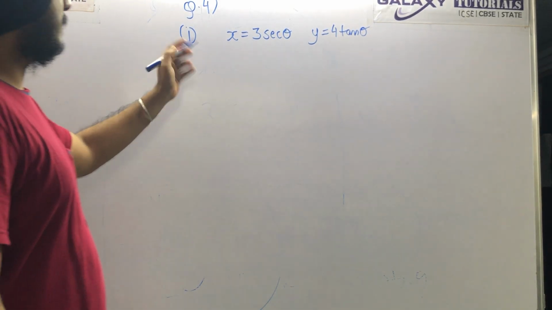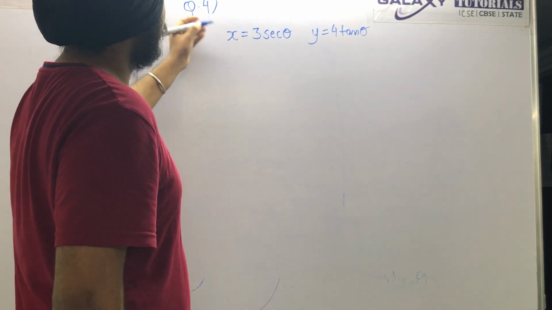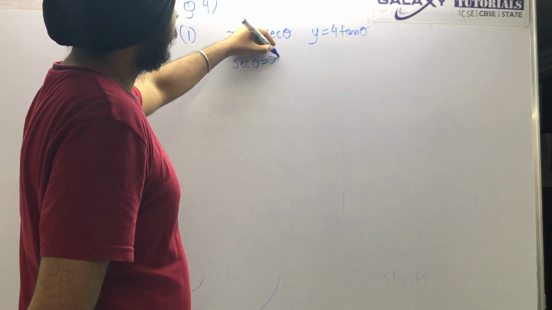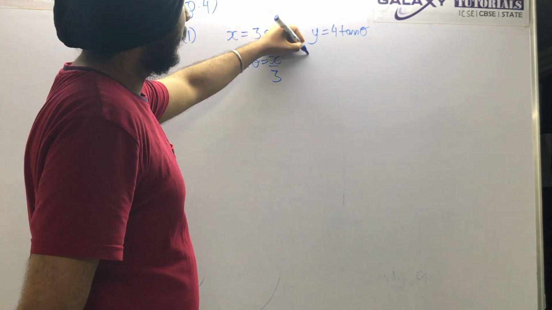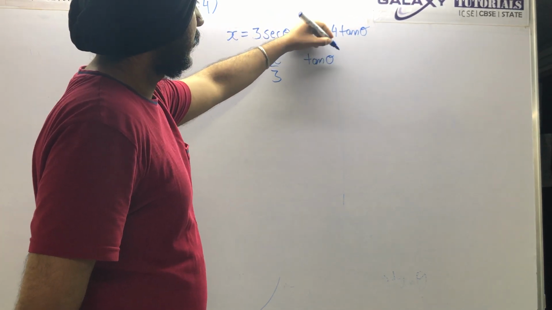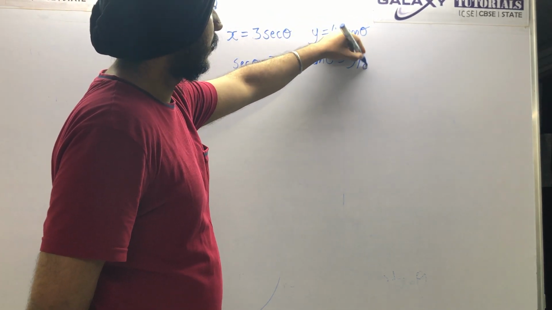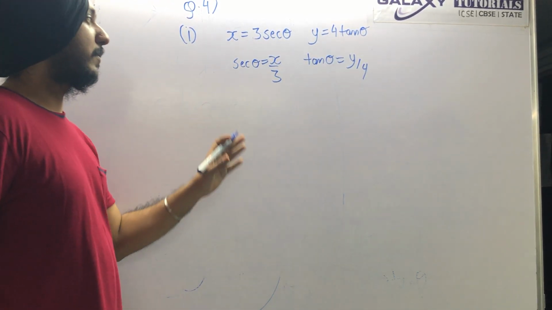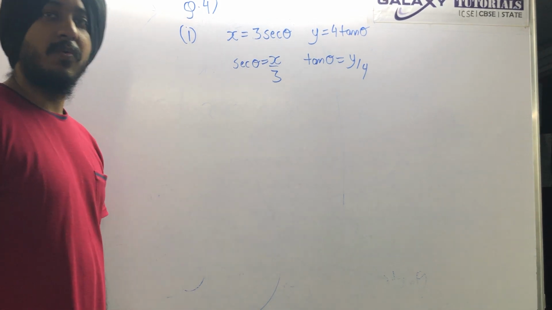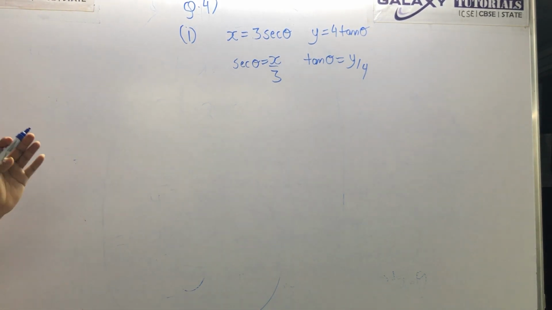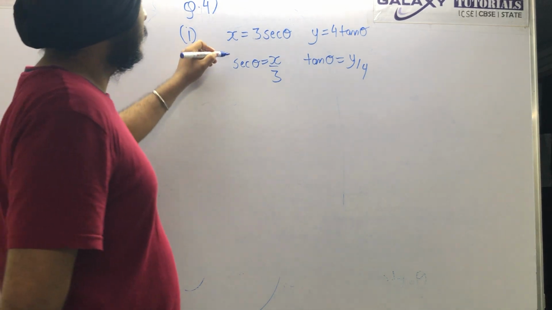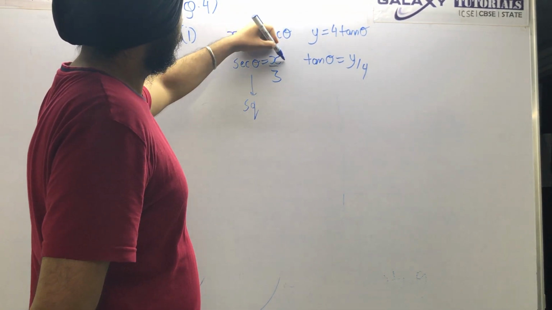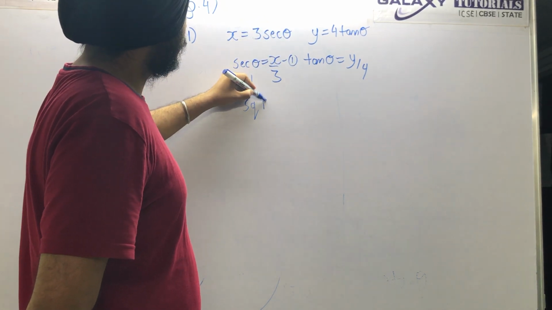First of all we will separate secant theta and tan theta from their coefficient. Sec theta will be x upon 3 and tan theta will be y upon 4. I hope this is clear to you. Now you have to simply turn this expression into, basically we have to eliminate theta. So what you can do is squaring both sides.